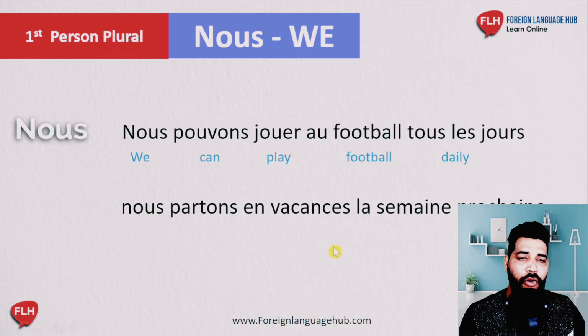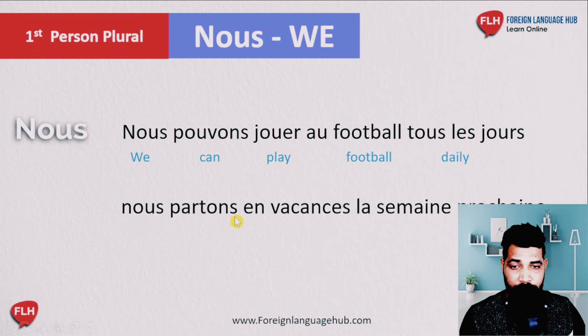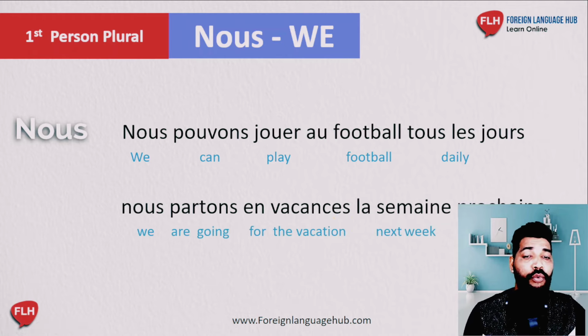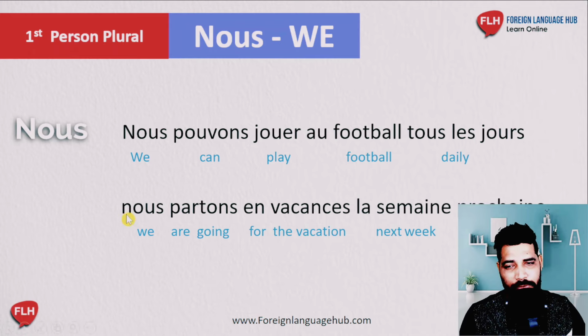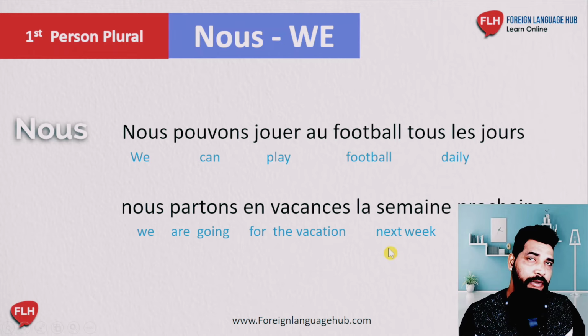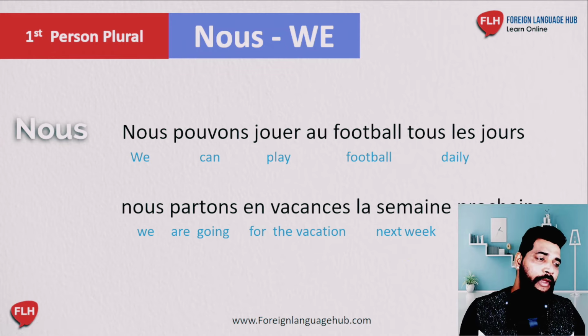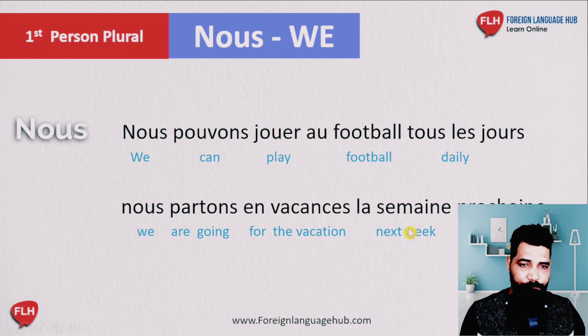Nous partons en vacances. Nous, again, we, partons means leave, right? Nous partons en vacances la semaine prochaine. Basically we are going on vacation next week. Now there's an additional thing I would like to tell you. There are certain cases in the present tense where it is used for the future also, right?